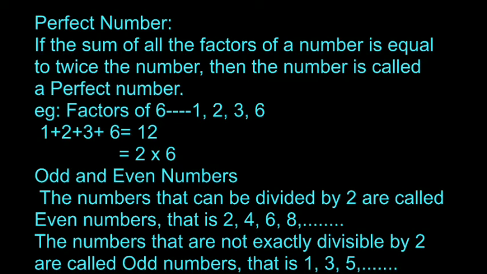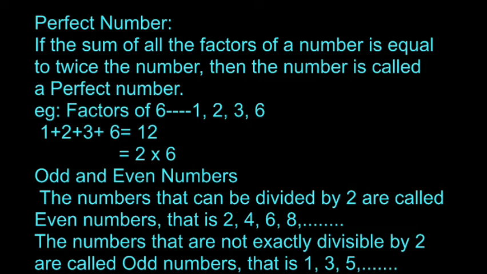For example, factors of 6, we already know, are 1, 2, 3 and 6. If you add 1, 2, 3 and 6, you will get 12. And you know that 12 is equal to 2 times 6, or 2 into 6. So we can say that 6 is a perfect number.